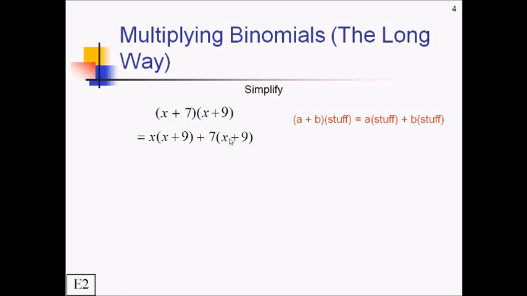This is like the easier distributive property here. So we'll have x squared plus 9x plus 7x plus 63. And one other thing we have to do here that we didn't have to do on the last problem, notice that we have some like terms at the end here. Sometimes that happens. Very often it happens. So we can combine that into 16x to round out our final answer here.